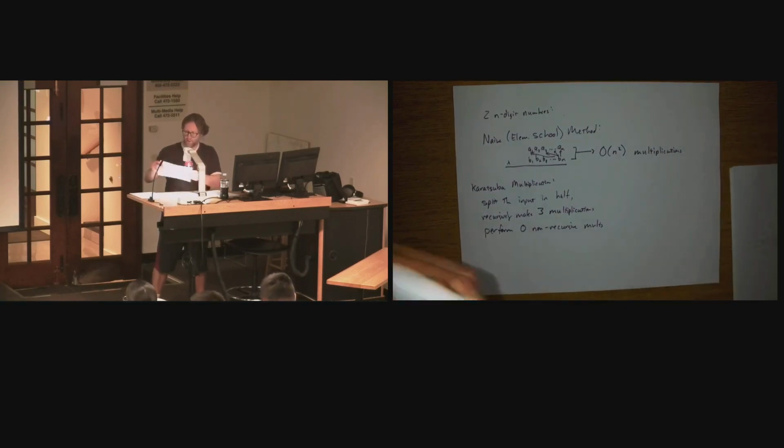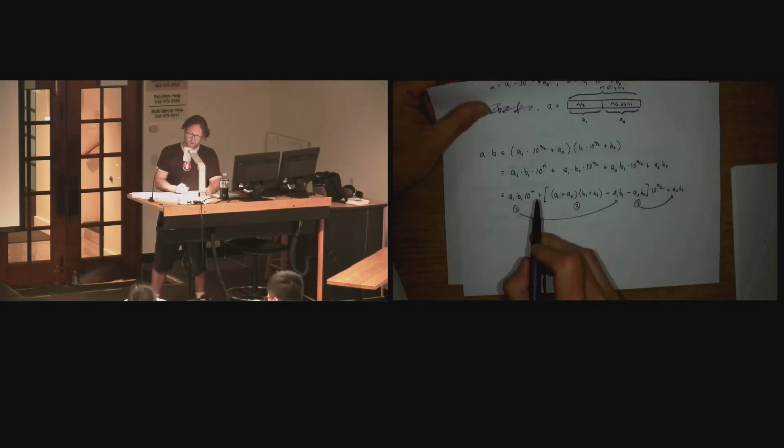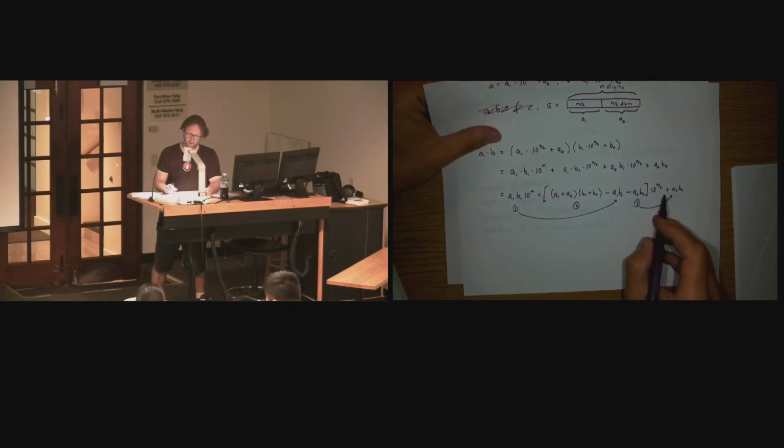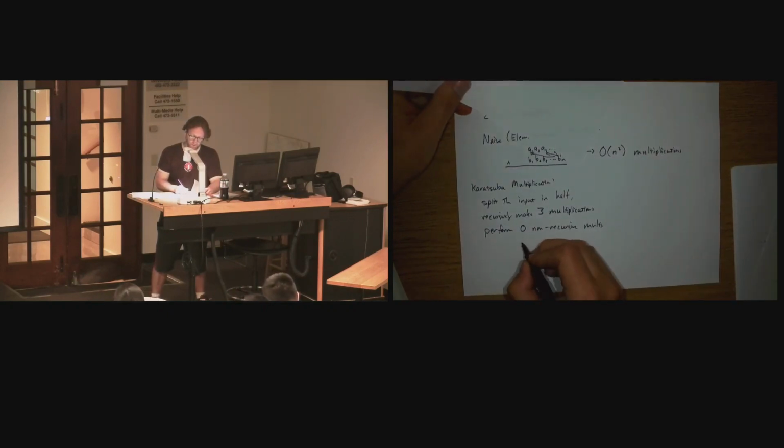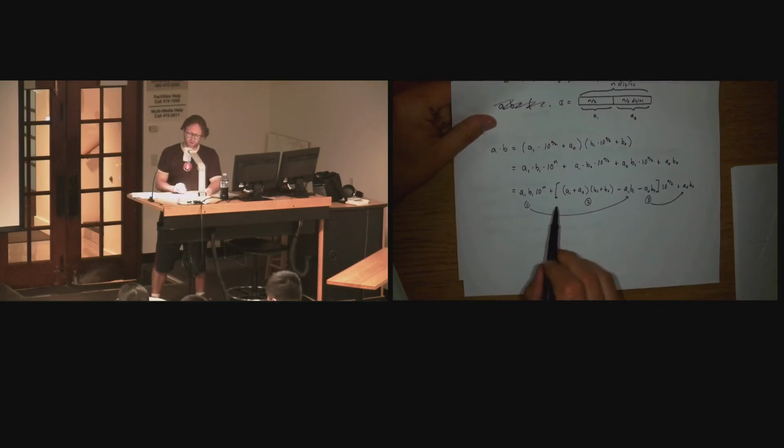What else did we do? We did shifts, right? We did n shifts, n divided by 2 shifts. So perform, say, 2 shifts. These are free. And how many additions and subtractions did we end up doing? 1, 2, 3, 4, 5, 6.